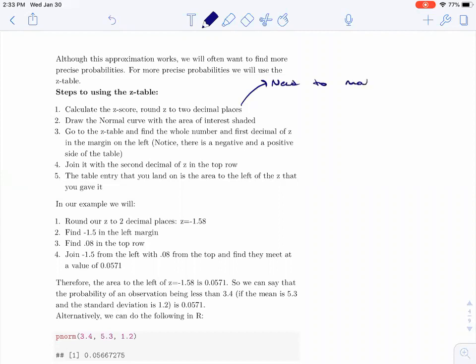Need to match the number of decimal places in the table.